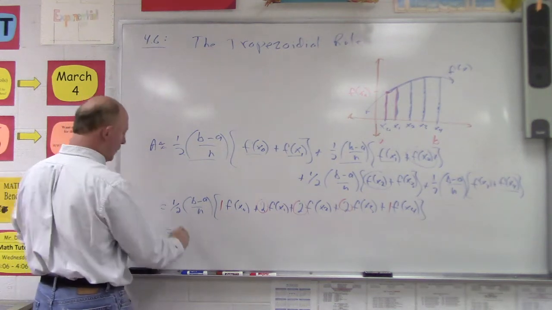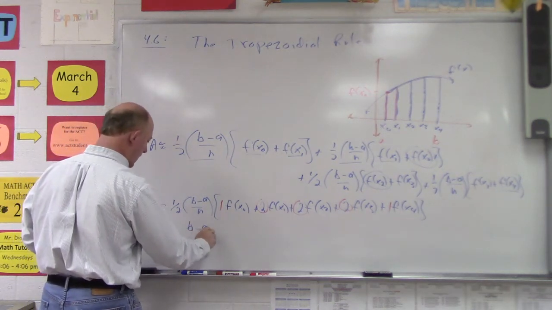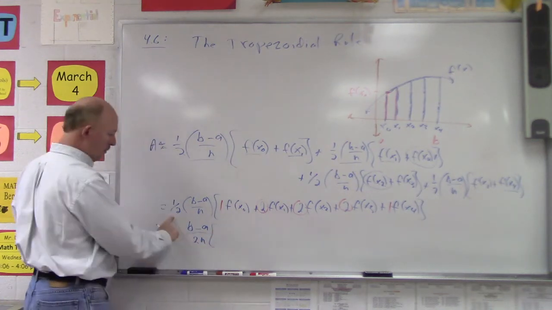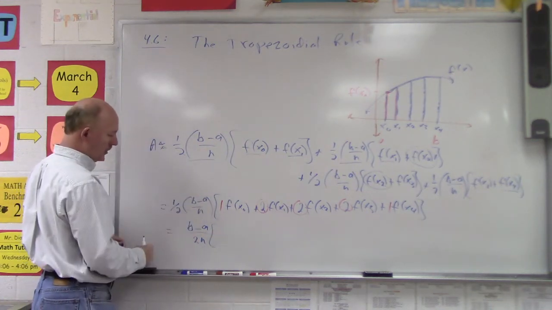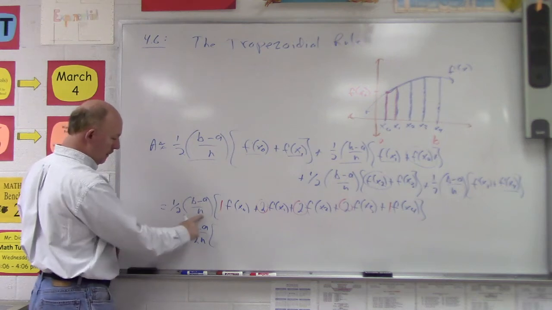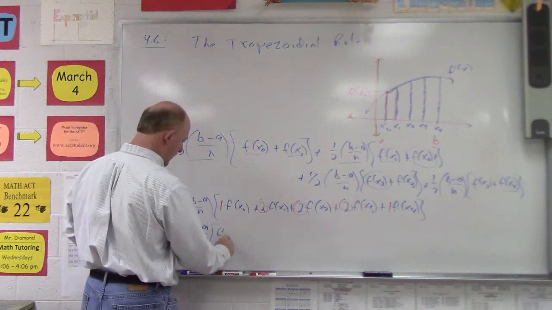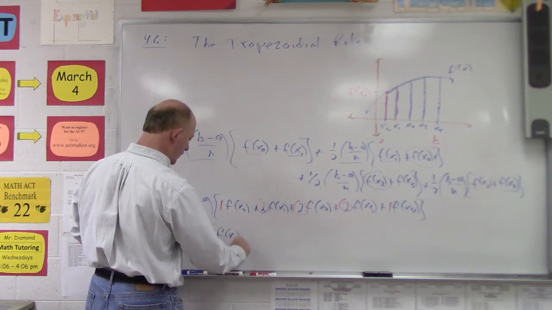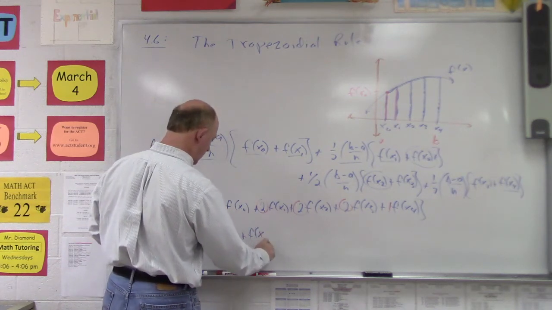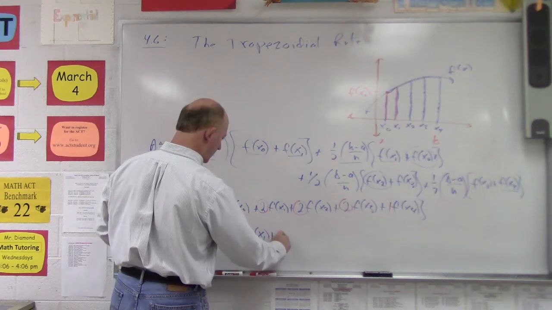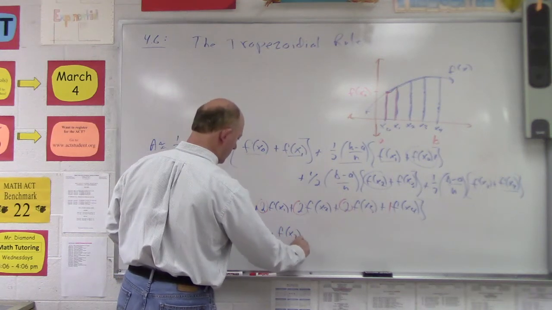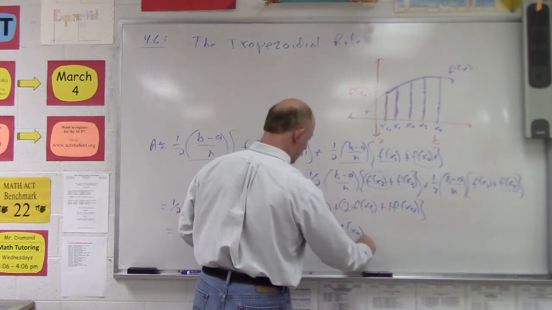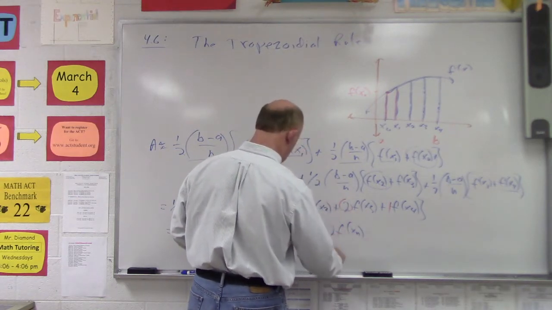The area is approximately equal to b minus a divided by 2n, since they multiply the 1/2 and the b minus a over n, times f of x of 0 plus 2 times f of x of 1 plus 2 times f of x of 2, all the way down to f of x of n.